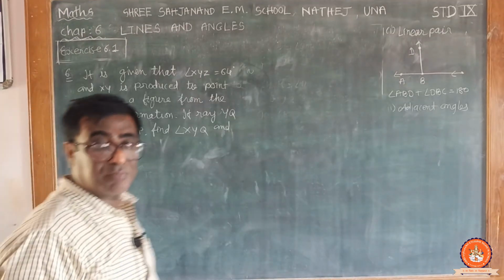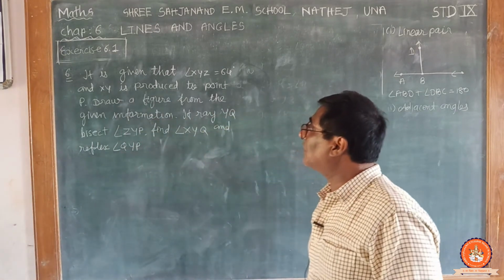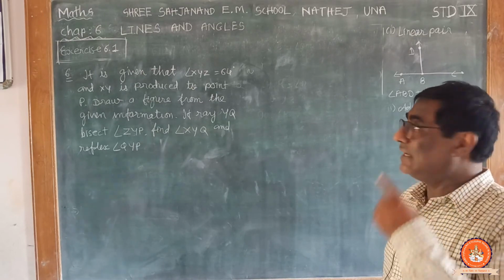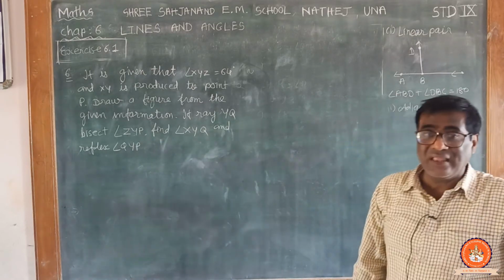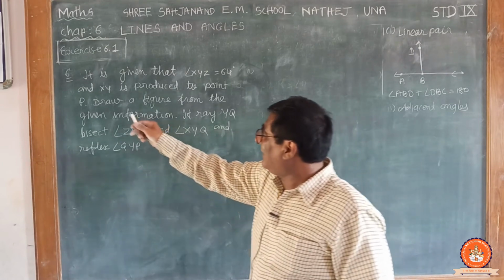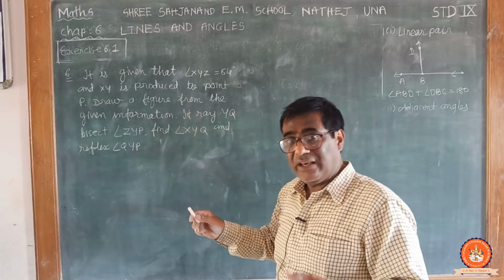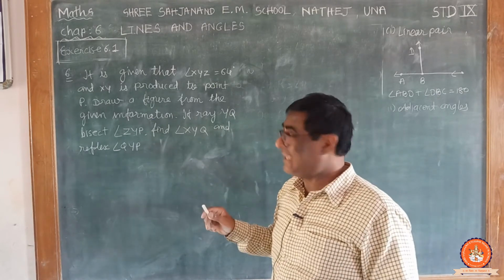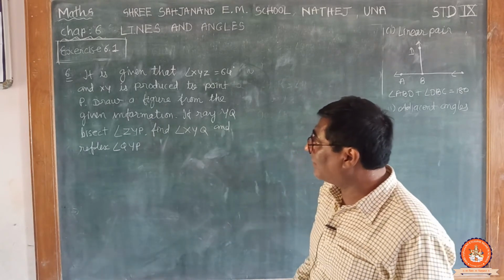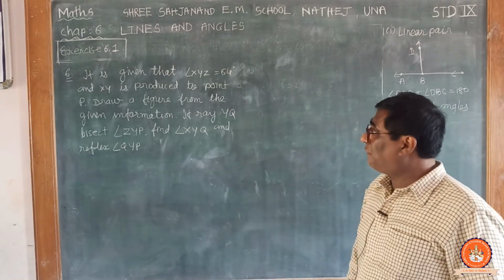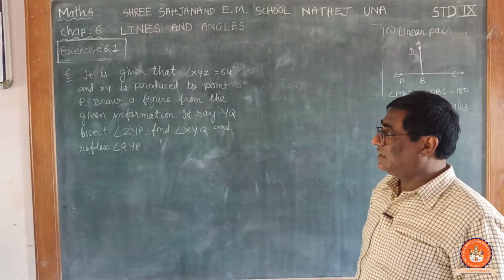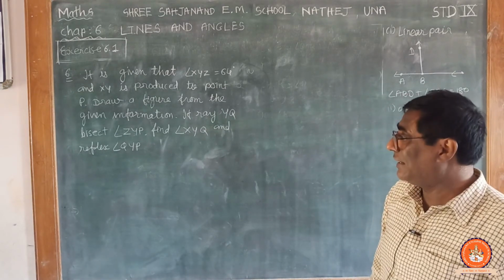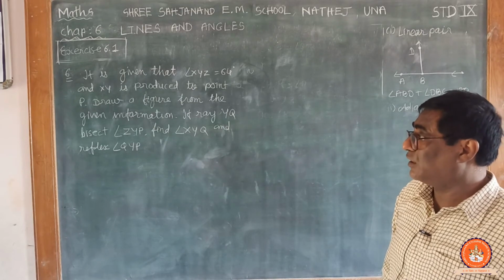Now in question number 6 of exercise 6.1, it is given that angle XYZ is of 64 degrees and XY is produced, ray XY is produced to point P. Draw a figure from the given information, and if ray YQ bisects angle ZYP, then find angle XYQ and reflex angle QYP.